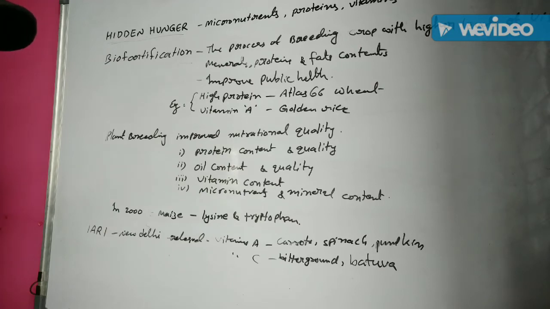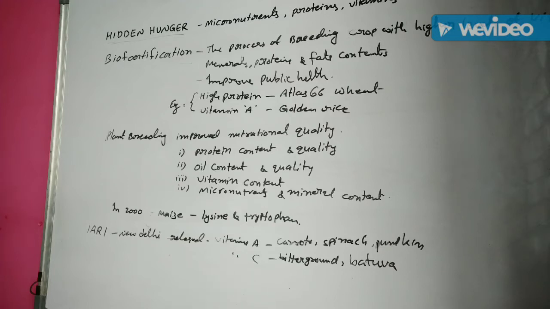It has also released some crops enriched in vitamin A, like carrot, spinach, pumpkin, etc. Next one, some crops like bitter gourd, bathua, mustard, tomato, etc. are vitamin C enriched crops.